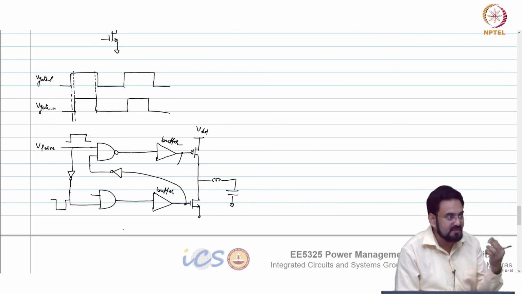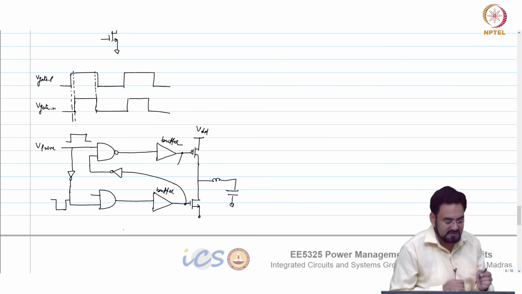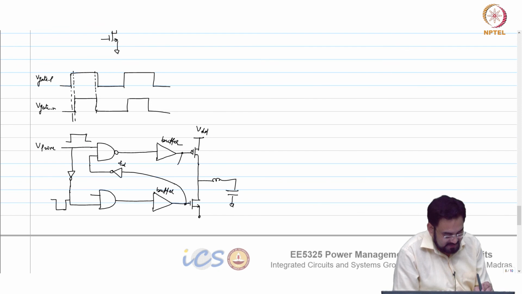So I require 2 because I want the same polarity. So you have to divide the delays in half. If this is TD, then the others should be 0.5 TD and 0.5 TD because we require 2 inverters.